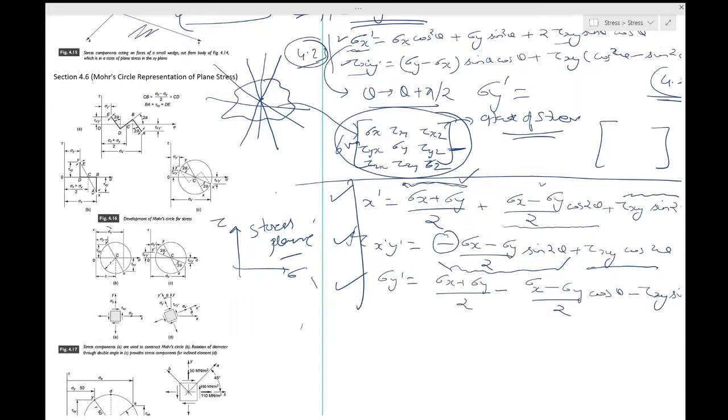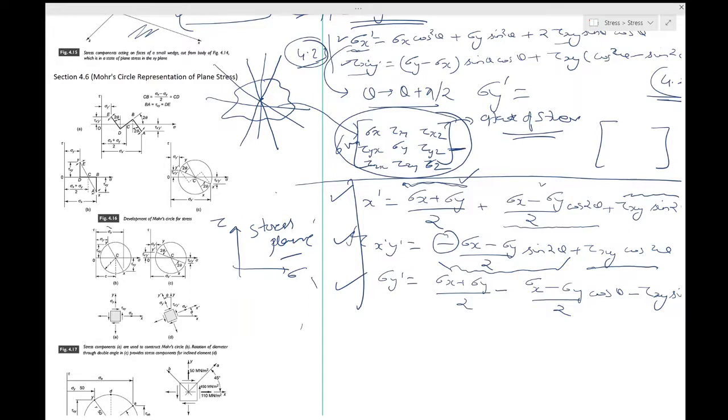For normal stress, tension is positive and is plotted to the right of the origin of this stress plane. That is the convention which we follow in mechanical engineering. Many of your colleagues in civil engineering, especially in geotechnical engineering, have the convention that compression is positive, and they have reasons for that, because most of the rocks buried deep inside the earth are actually under compression. So it is natural for them to take compression as positive.